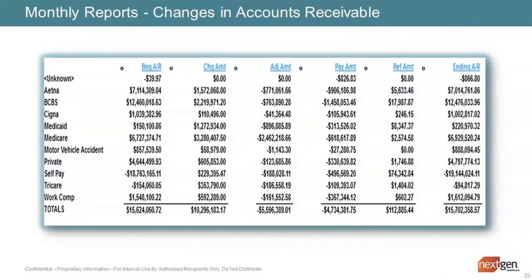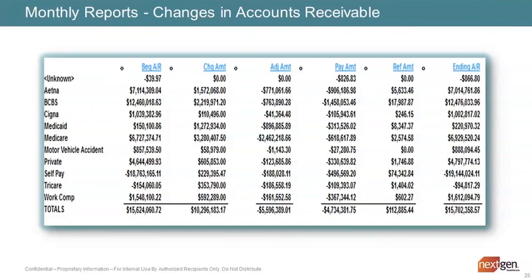So this is the output of this report, where it gives me where did I begin with my accounts receivables for each of these financial classes. What were the total charge amounts? So I'm going from left to right. The total charges for the particular month that I ran, the total adjustments taken during that processing month, the total payments that were applied to that particular month, any kind of refund activity that transpired during that month.